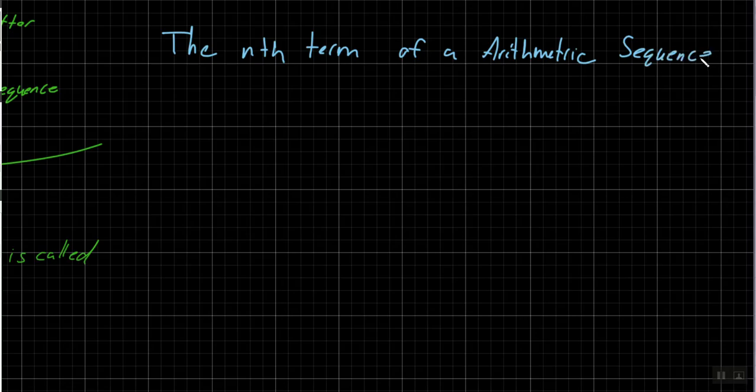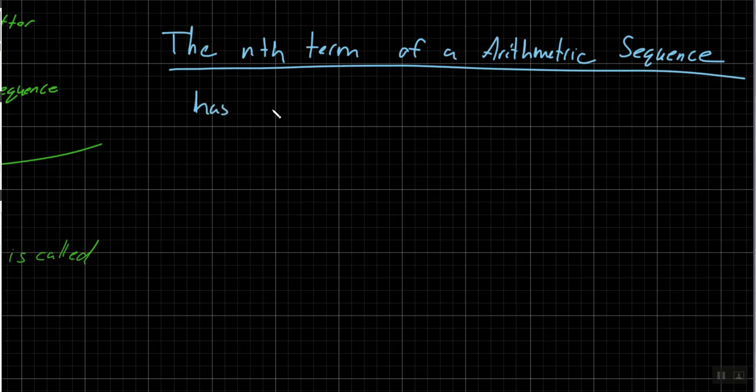Okay. What's the rule to make this super, super fast? So, the nth term of an arithmetic sequence. This is finding that term. It has a form of a sub n equals a1 plus (n minus 1) times d.